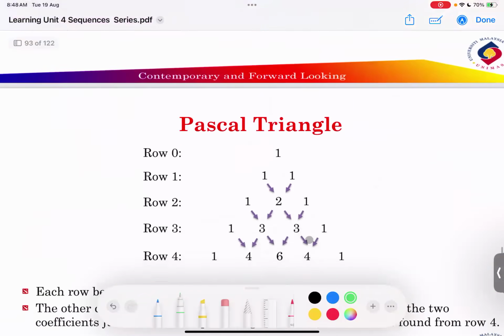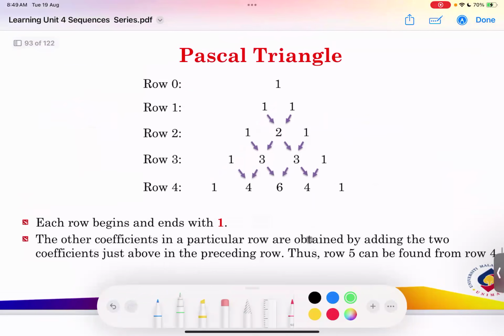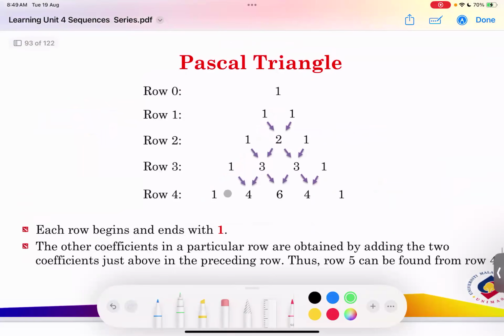So actually, this idea is from Pascal's triangle. You can see all 1s on the edges. Let us revise what Pascal's triangle is: the top two numbers add together to get the answer below.